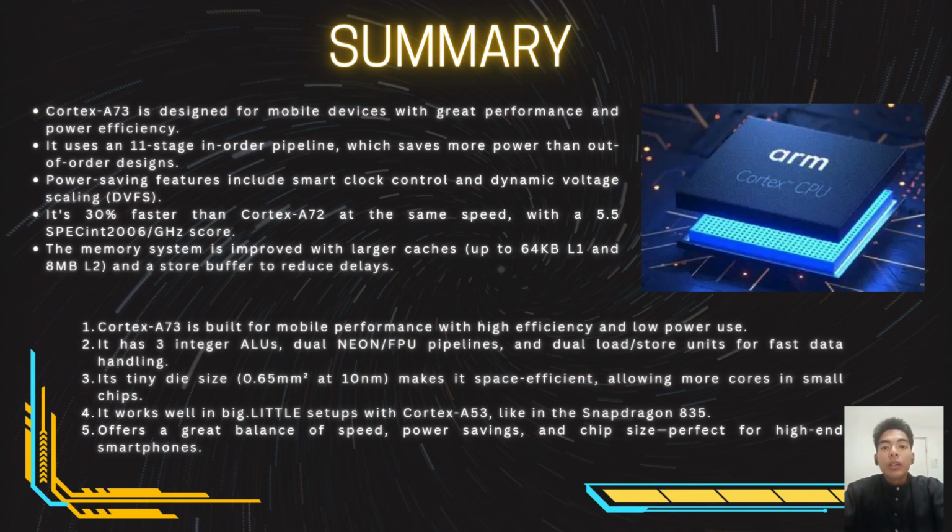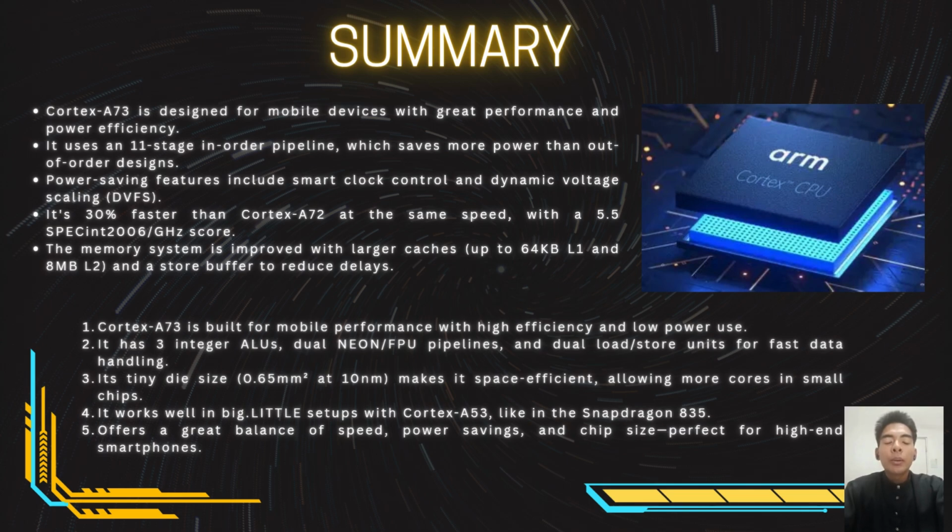For summary, the Cortex A73 that we chose is, as you know, designed for mobile devices with great performance and power efficiency. It has an 11-stage in-order pipeline. They are used to save more power than the other devices. Like the previous device, Cortex A72, it is 30% faster than the Cortex A72.